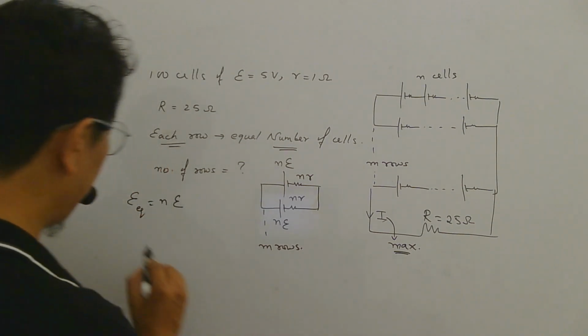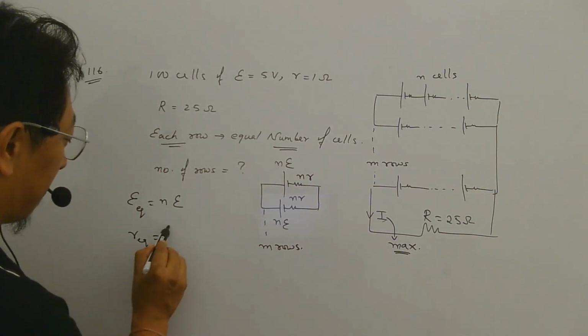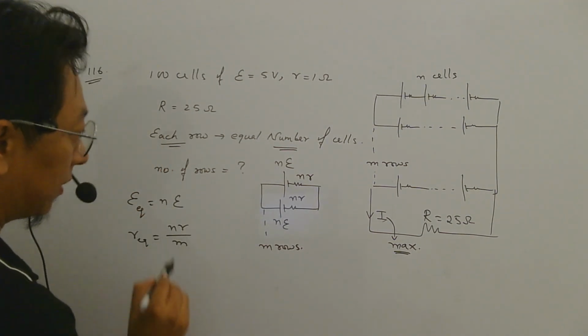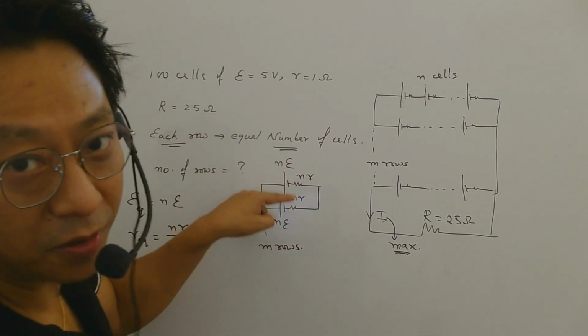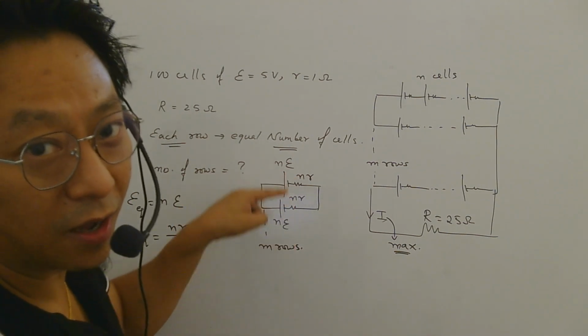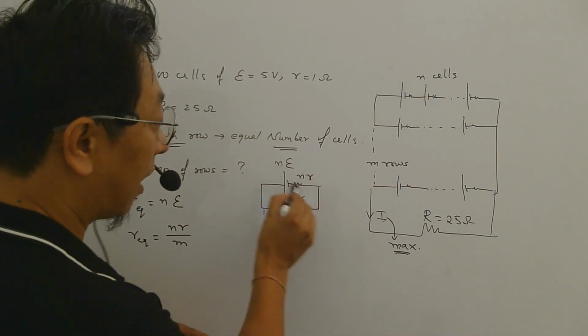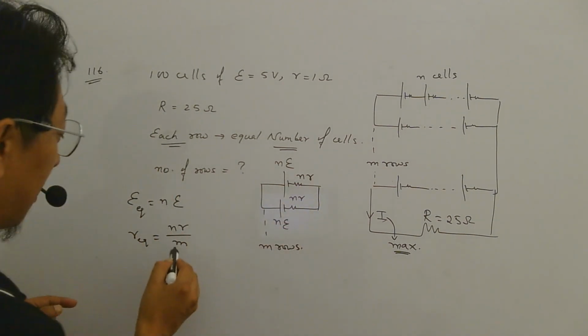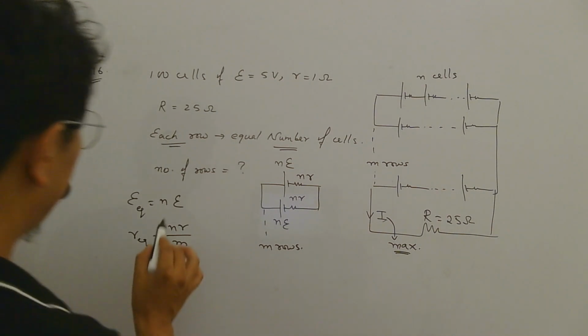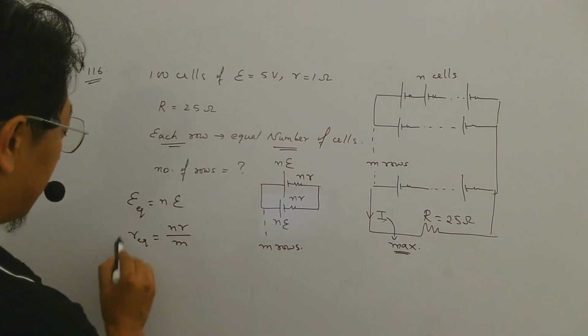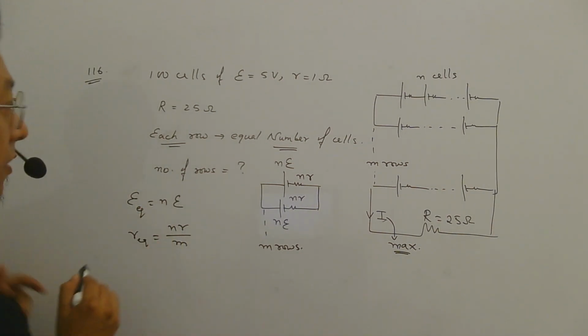M times. So it will be nr by m. If it was R by 2, R by 3, R m times, R by m. But this is not R, this is nr. So nr by m. So this is the equivalent EMF, this is the equivalent internal resistance.